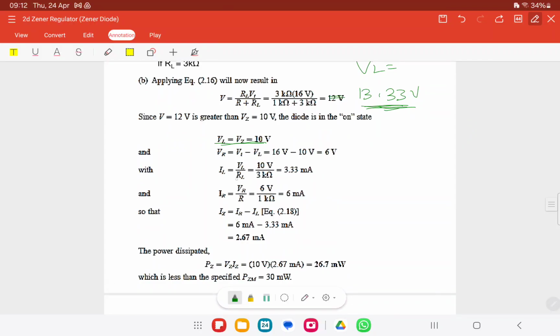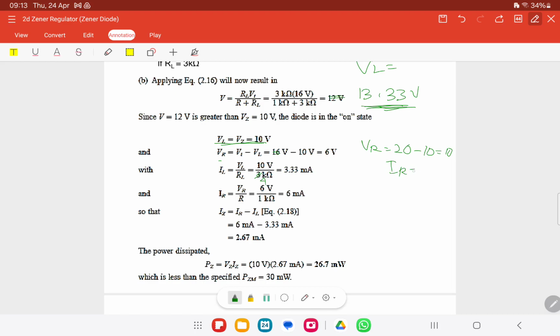For the rest, you change. The RL is now 4, right? So VR will be 20 minus 10, which is 10. So you can get the IR.